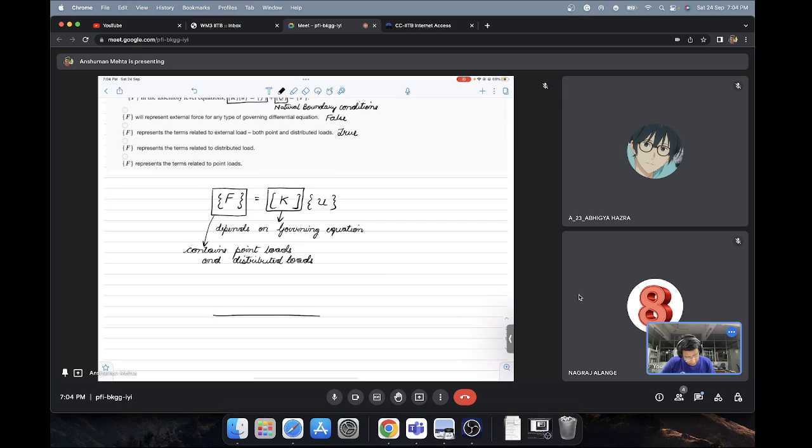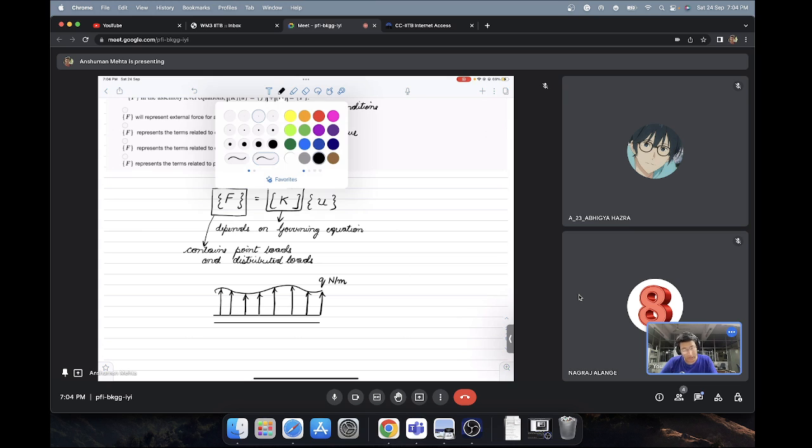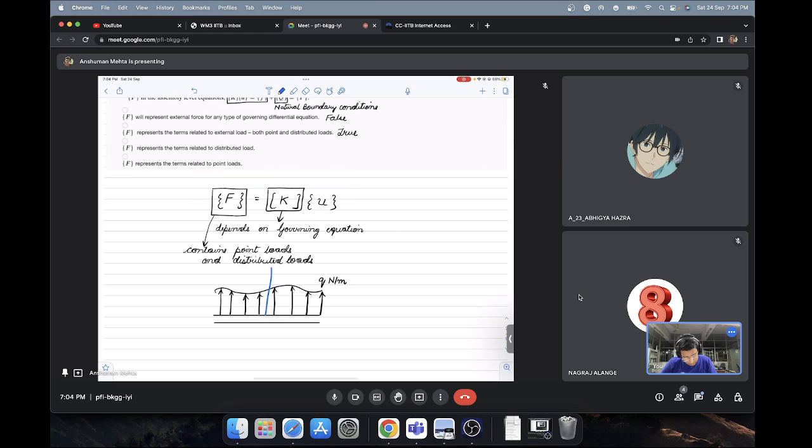So let's say there is a beam and some forcing was like this, having some magnitude, let's say Q newton per meter, and there is one more concentrated load like this, and its value is F. So the finite element method first discretizes the space.